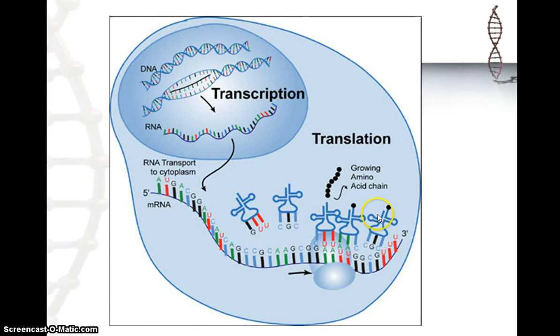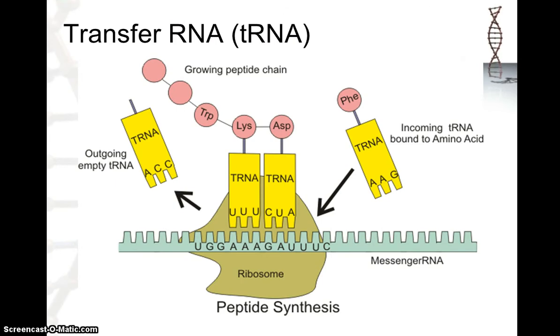They bring in these amino acids based on their codons. Once those amino acids are chemically bonded together, they form a very specific protein. And that protein, as we talked about earlier, is responsible for a very specific trait or action.